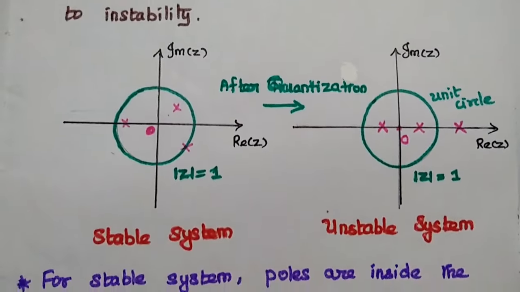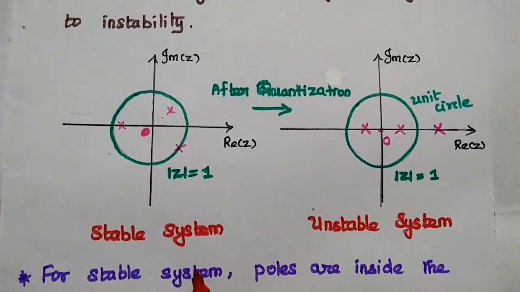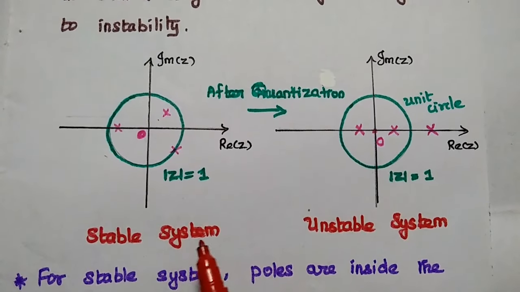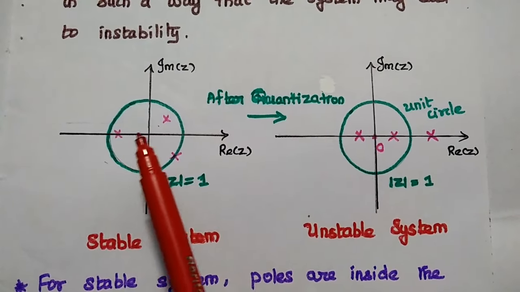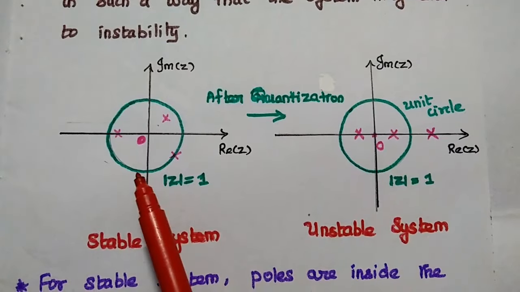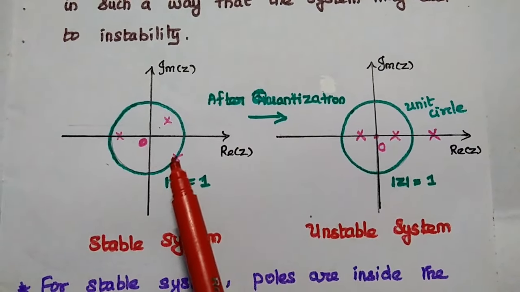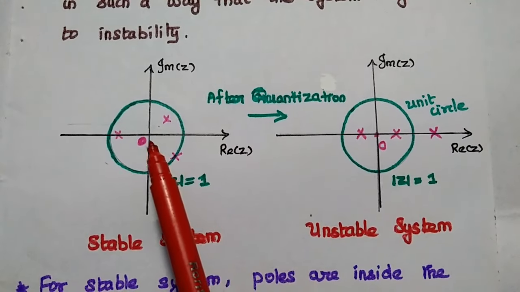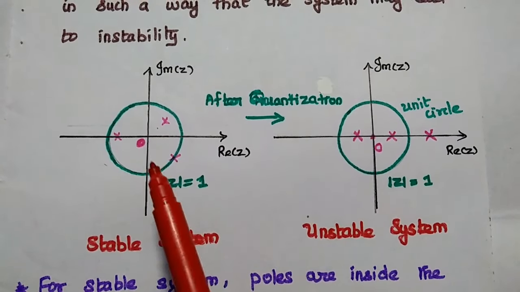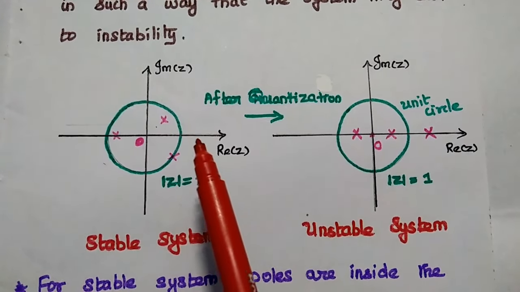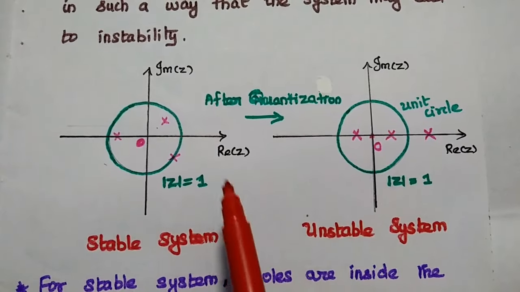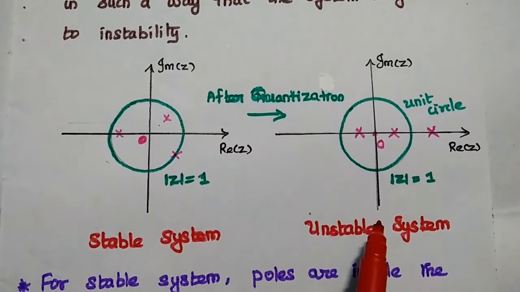So for an example we can consider a system like this. In a stable system all the poles are present within the unit circle. Poles can be either on the unit circle or inside the unit circle. If any one of the poles is present outside of the unit circle, then the system is said to be an unstable system.